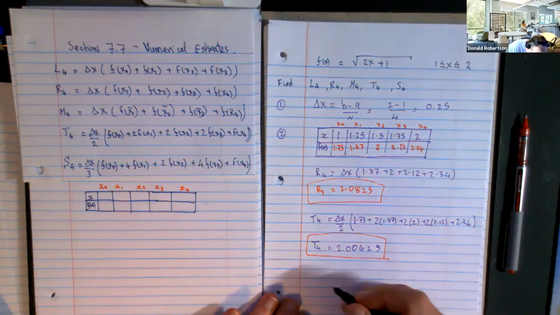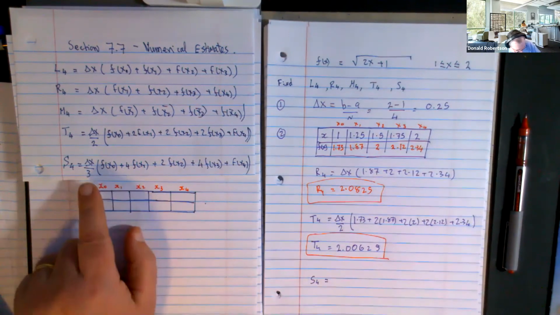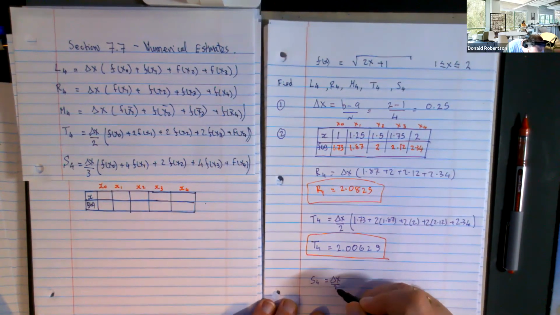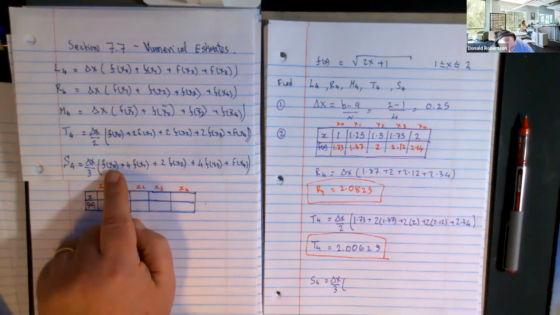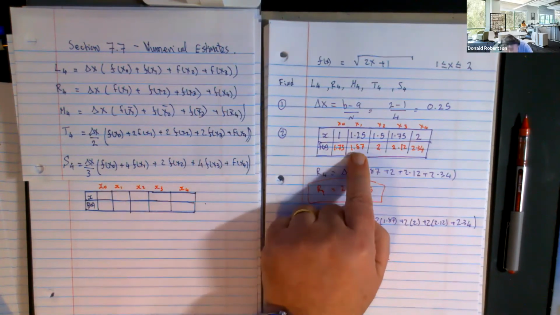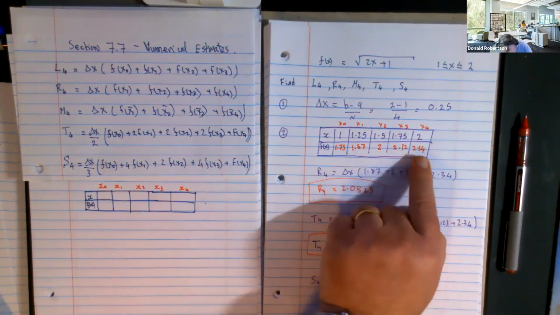So for the last one of this one, I'm going to do an S4. And that is delta x over 3. And the pattern this time is 1 of the first guy, 4 of him, 2 of him, 4 of him, and 1 of him.